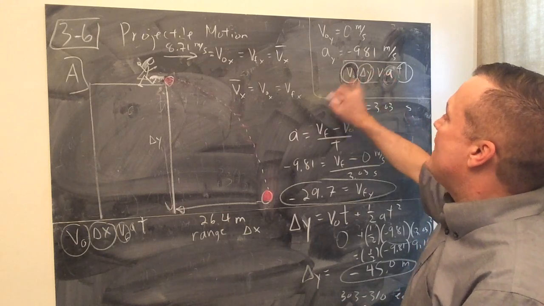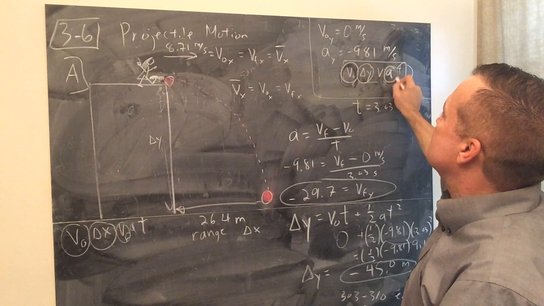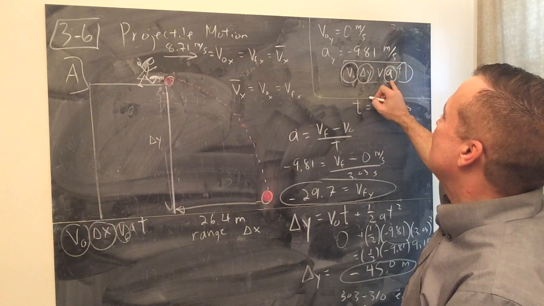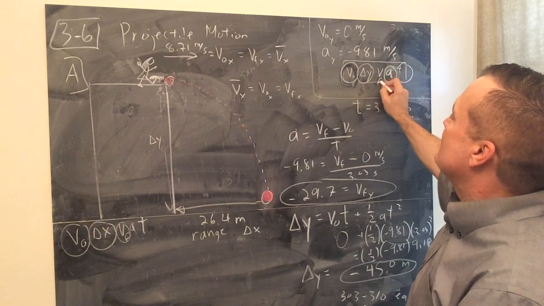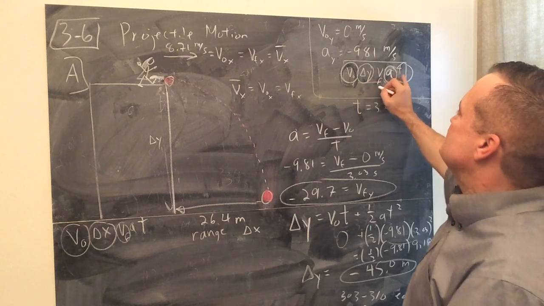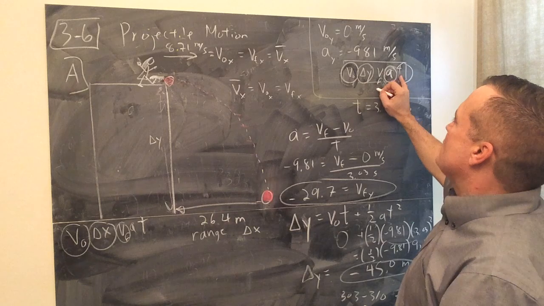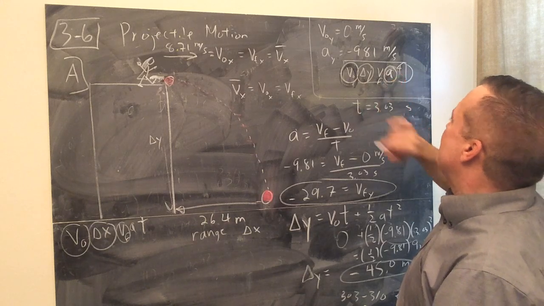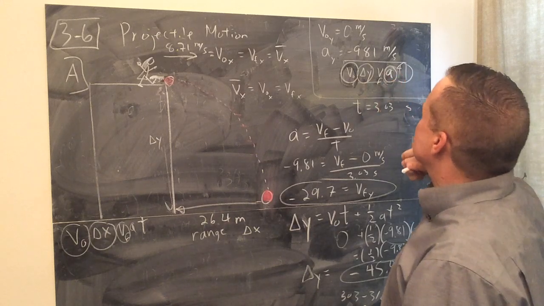You know delta y, and you also know the acceleration is negative 9.81. That means you can find the final velocity when he hits the ground, which doesn't really matter. You can find the time, and it'll be easy to find using one of those equations. I would try to use the acceleration equation.